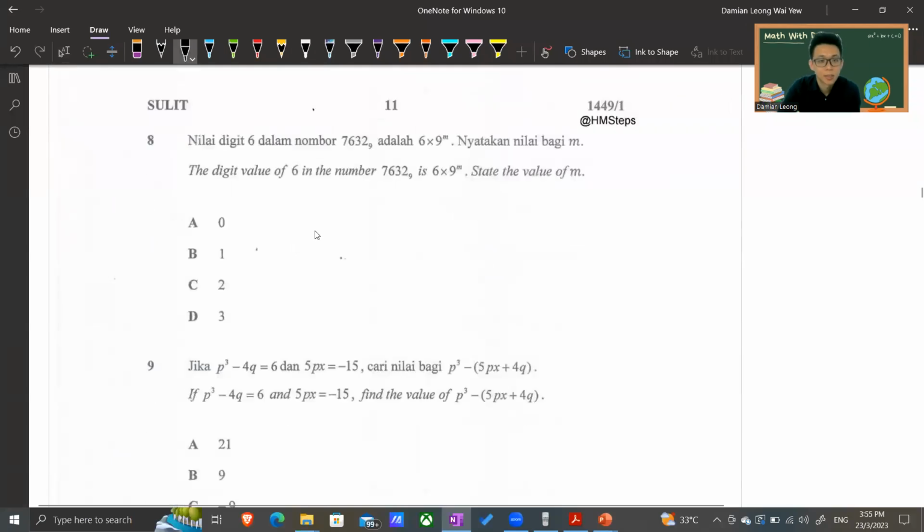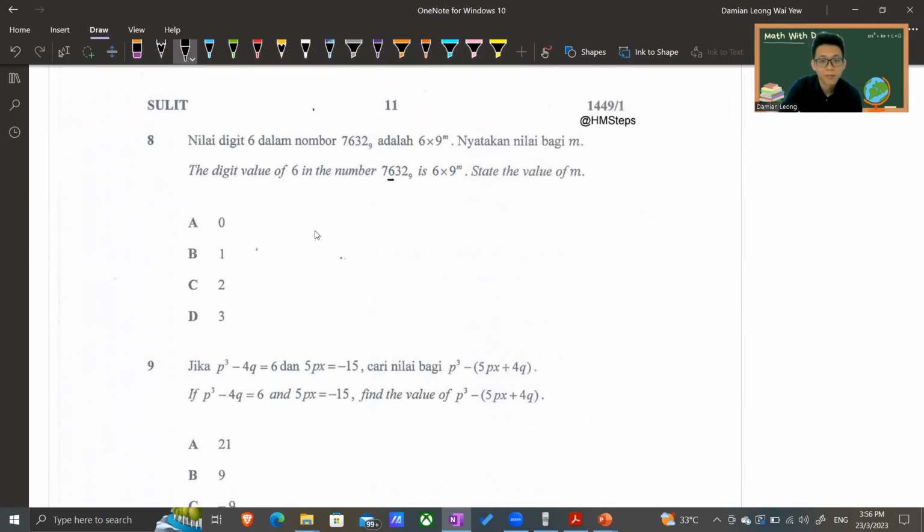Then question 8. The digit value of 6 in the number 7632 base 9 is 6 times 9 to the power m. State the value of m. Okay, this one, start from right to left.